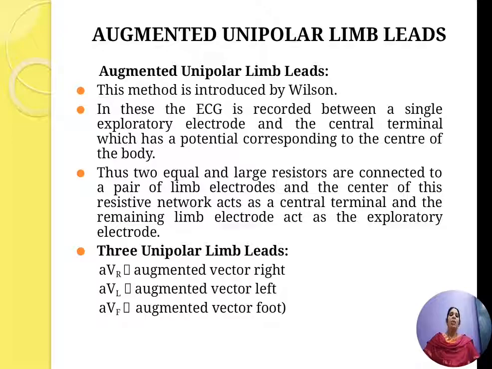Thus, two equal and large resistors are connected to a pair of limb electrodes, and the center of the resistive network acts as the central terminal, and the remaining limb electrode acts as the exploratory electrode.